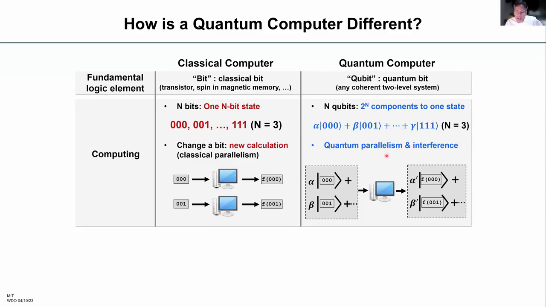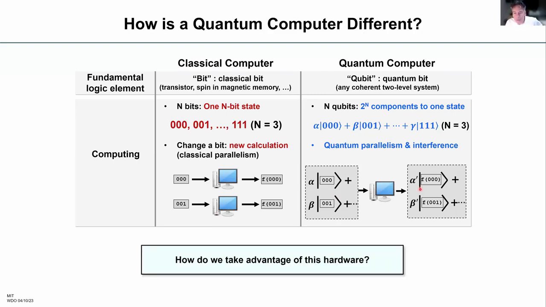And this leads to a quantum version of parallelism and, importantly, quantum interference, which together can effectively, in this cartoon, take an input superposition state, and it will output a superposition state. Now, when we make a measurement, we're going to collapse that down, and we'll talk about that in a moment.